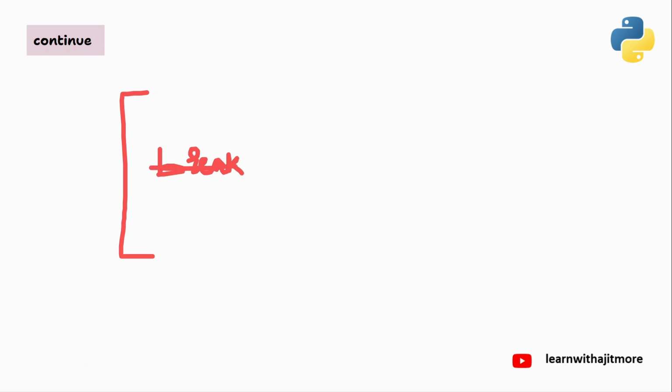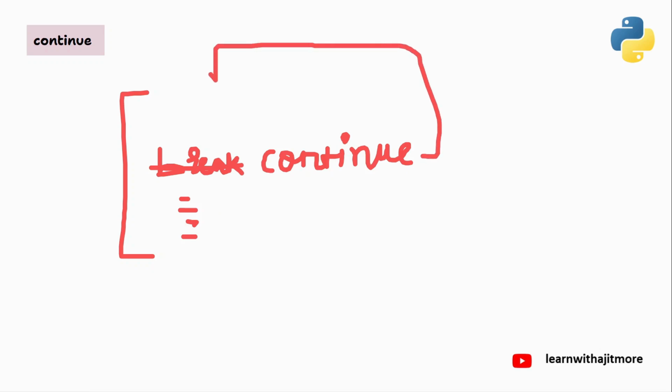Now instead of break, if continue comes, whenever your Python interpreter encounters continue within the loop body, it will skip the remaining statements of the current iteration and bring the control back to the beginning of the loop for the next iteration.